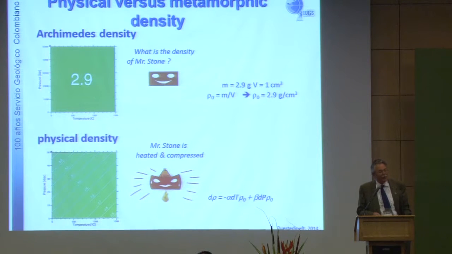But realizing that we are working in the lithosphere, we should add some pressure and some heating to Mr. Stone, meaning that we need thermal expansion and we need compression calculated. And the final diagram would look like this. You have a set of different densities growing from 2.5 to 3.3 across this diagram. But this is still very, very schematic.